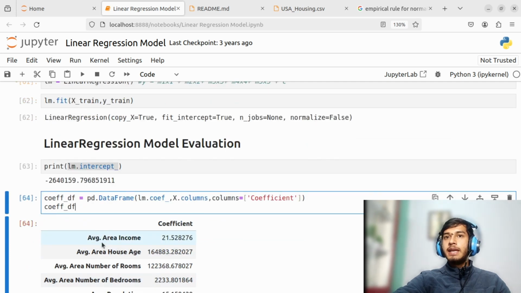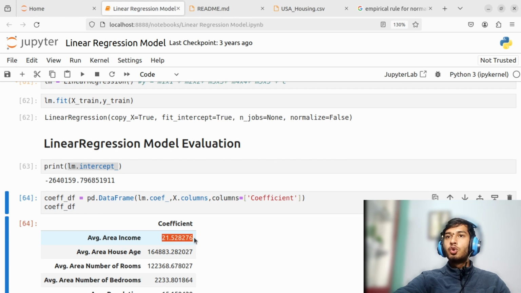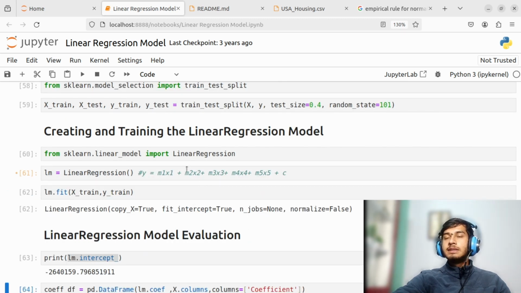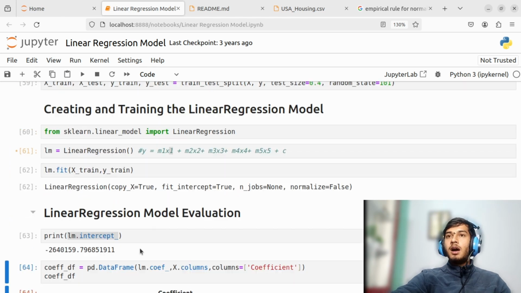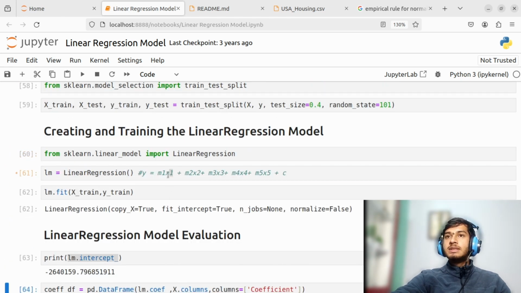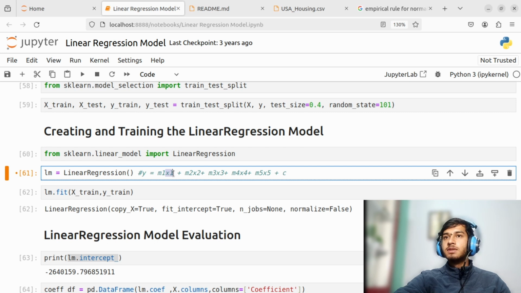M1 is your average area income. So your coefficient 1 is 21, coefficient 2 is this value. Whenever we get a new value like x1, any value of average area income, that data will be replaced with this x1.